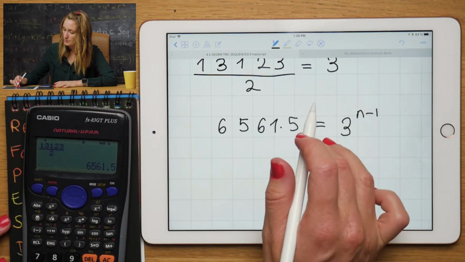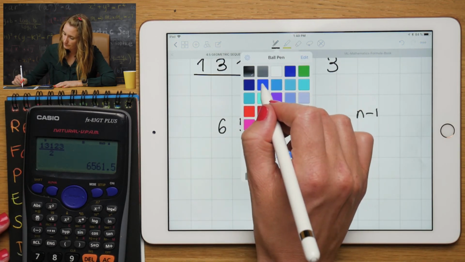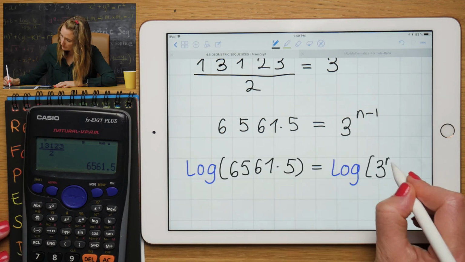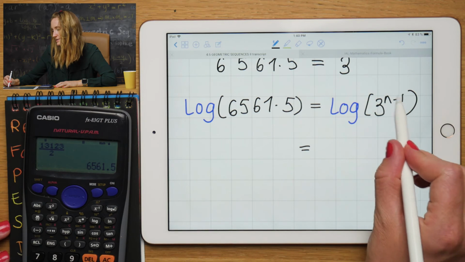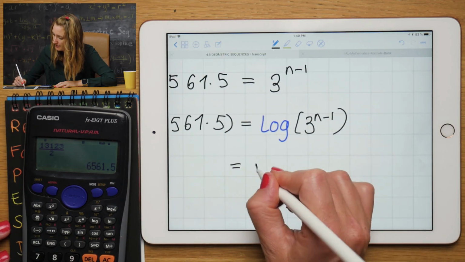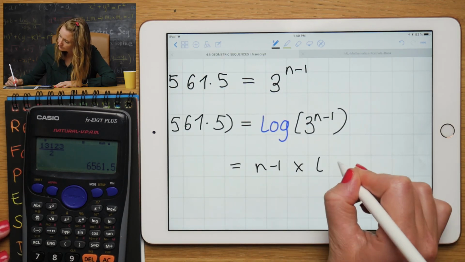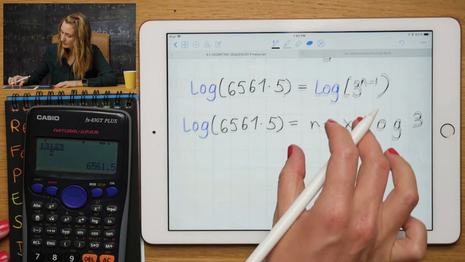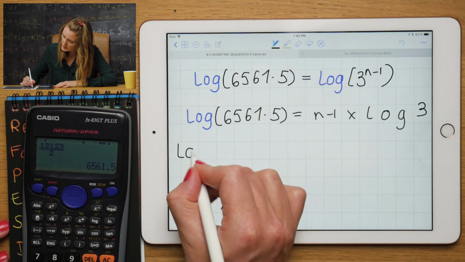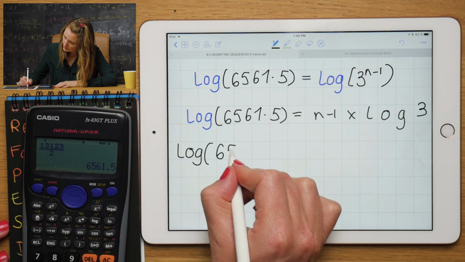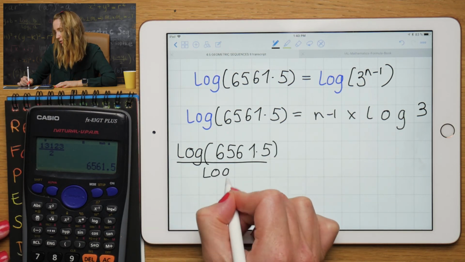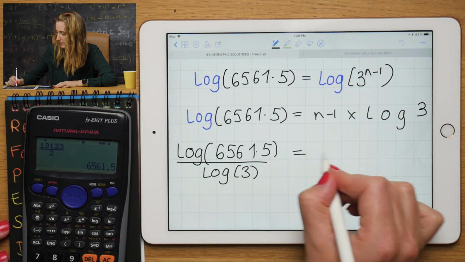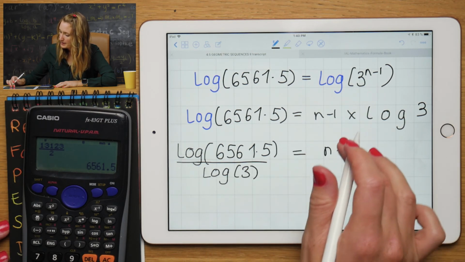Now I'm going to take logs on both sides. Remember, you want to take the power here down and put it in front with the times. So make n minus 1 the subject by dividing by log 3. That leaves me with the formula for n minus 1.